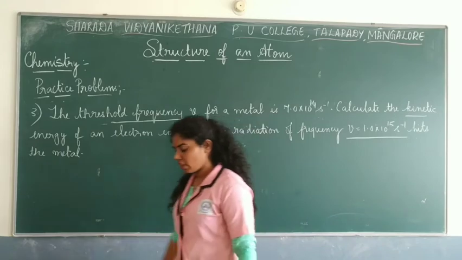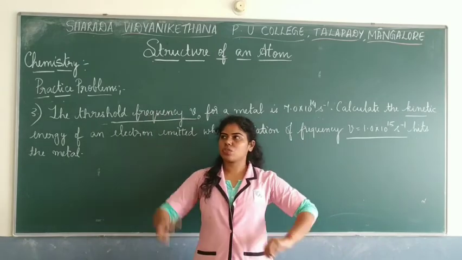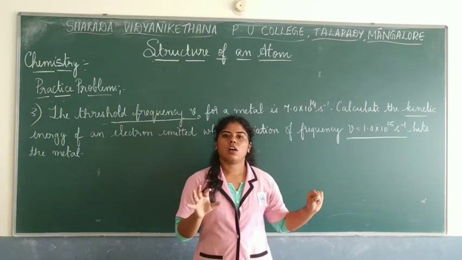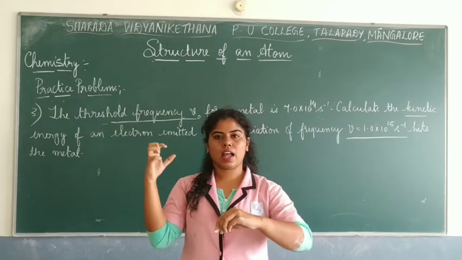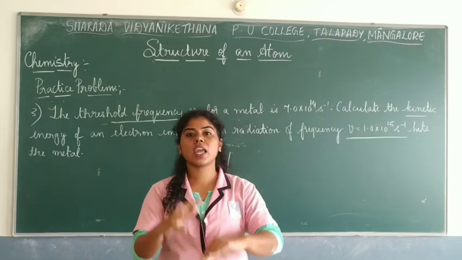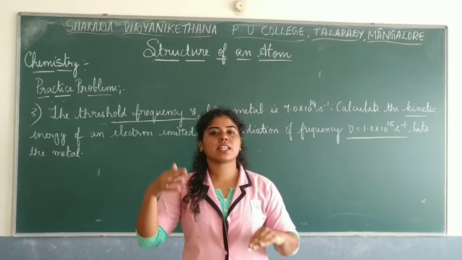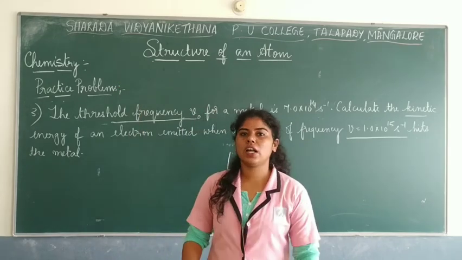Now we have already studied this in the photoelectric effect. When radiation of light of any frequency falls on the metal surface, a particular metal will have its own threshold frequency, beyond which the ejection of electrons takes place, and the kinetic energy depends on the frequency of the light.